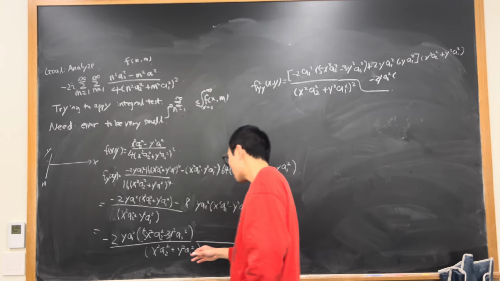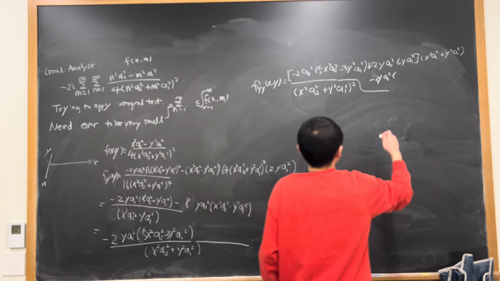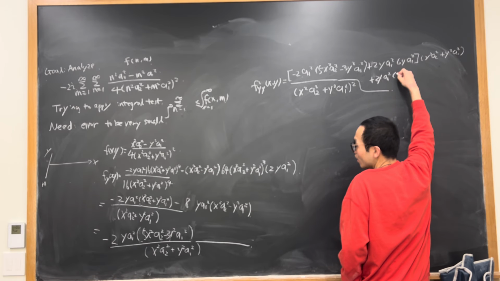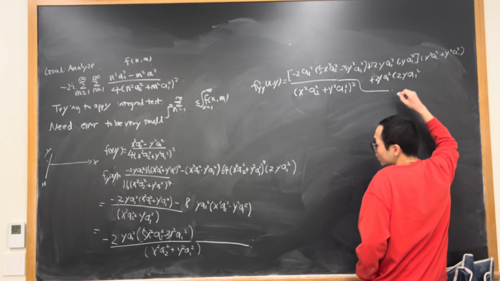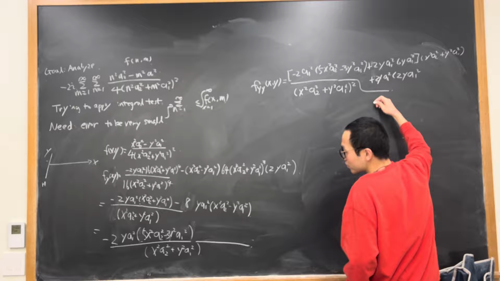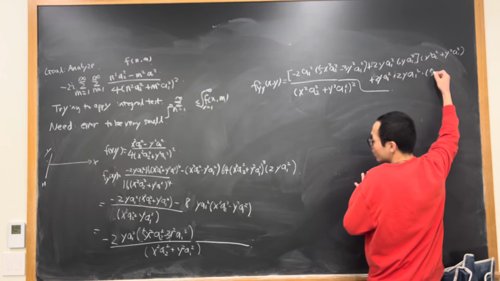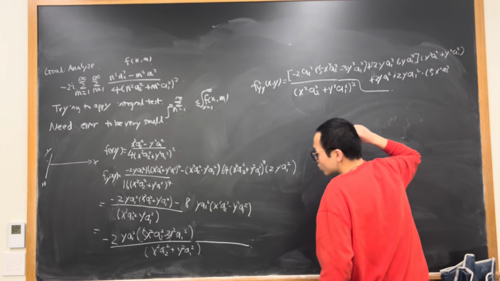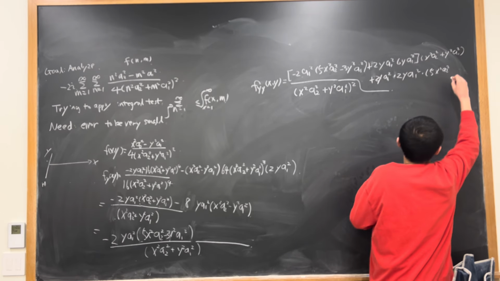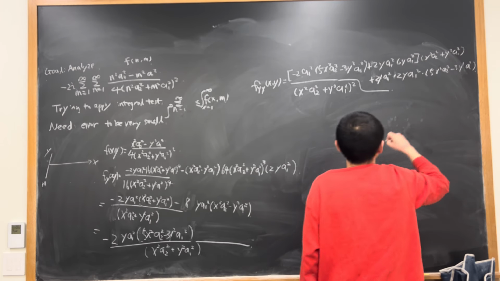Times the top part. The top part is 5x squared a2 squared minus 3y squared a1 squared.